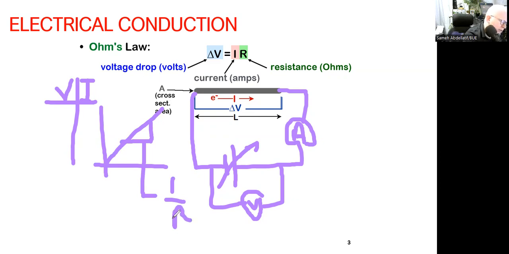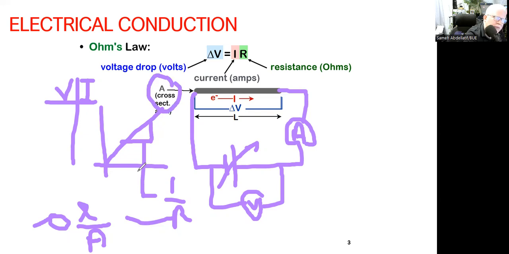Knowing this resistance, and knowing that R equals rho times L over A, where rho is the resistivity, L is the length of the material as indicated, and A is the cross-sectional area, as you can find here. So, knowing L and A, because you have the physical dimensions of the material, you can easily calculate rho, the resistivity.